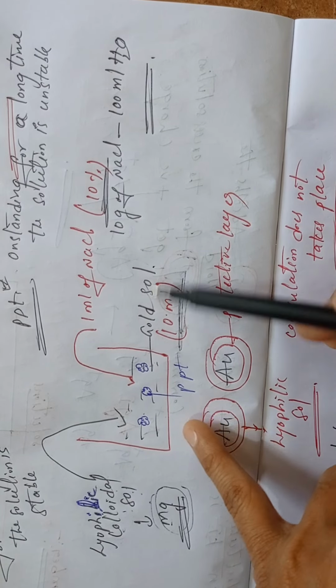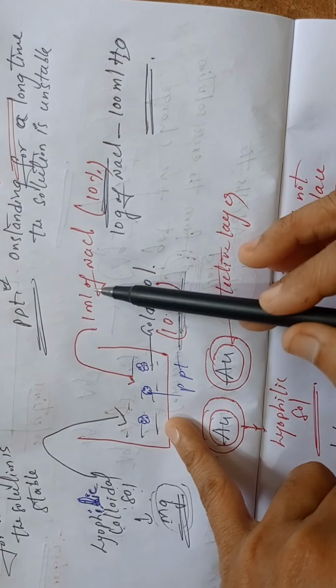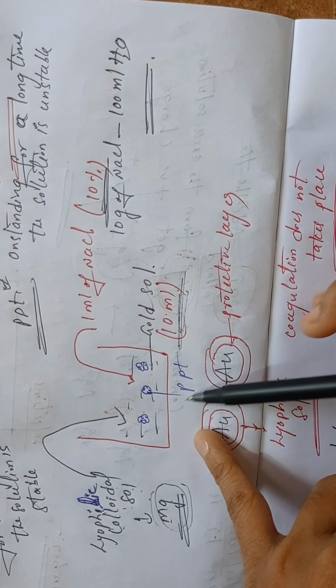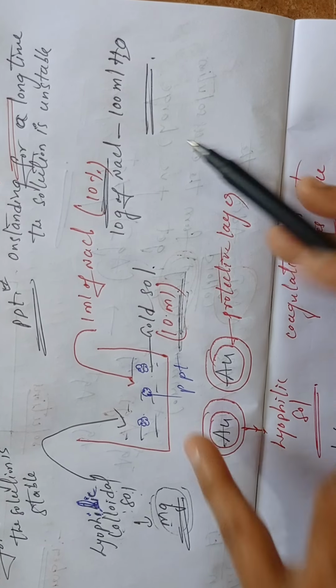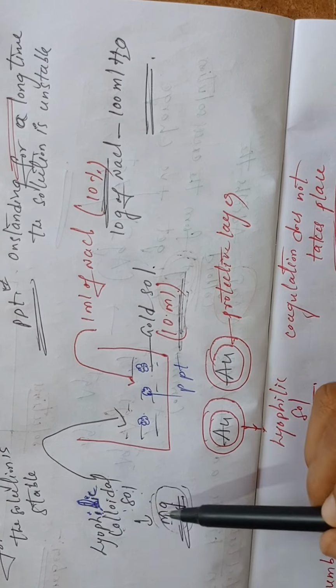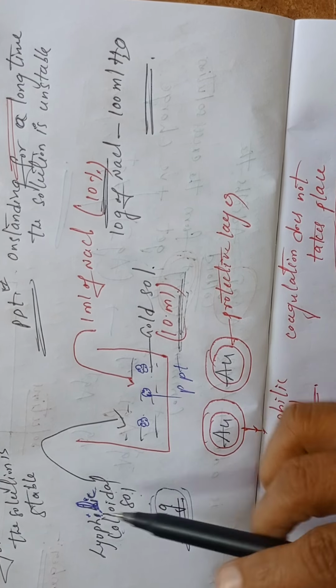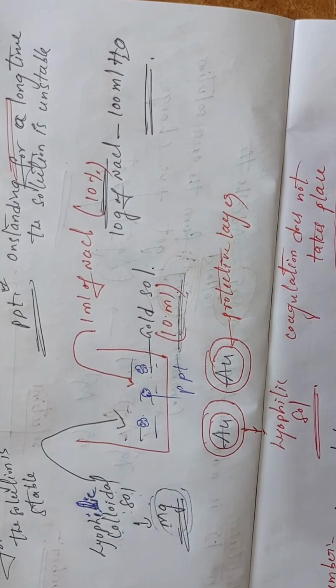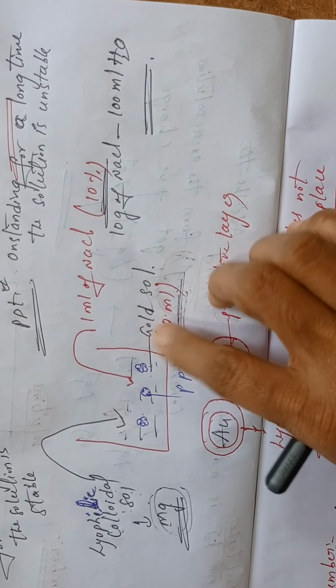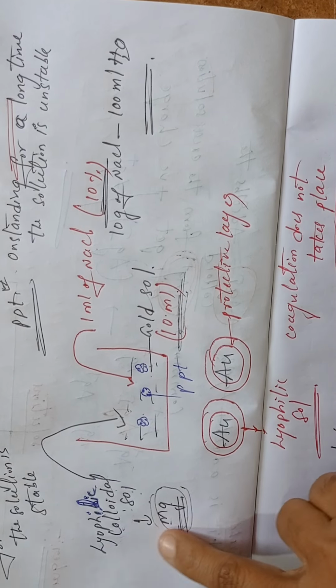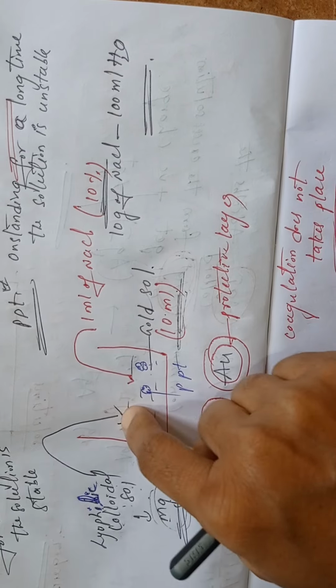That means you are taking 10 ml gold salt in the beaker. Whenever 1 ml electrolyte is added, immediately coagulation takes place. To stop that coagulation, we are adding a small amount, just milligrams, of lyophilic colloidal salt.